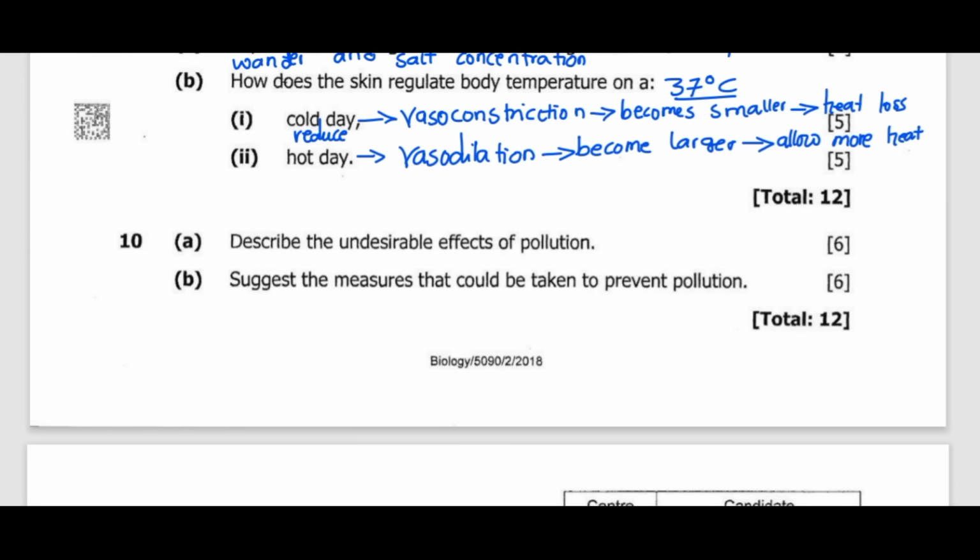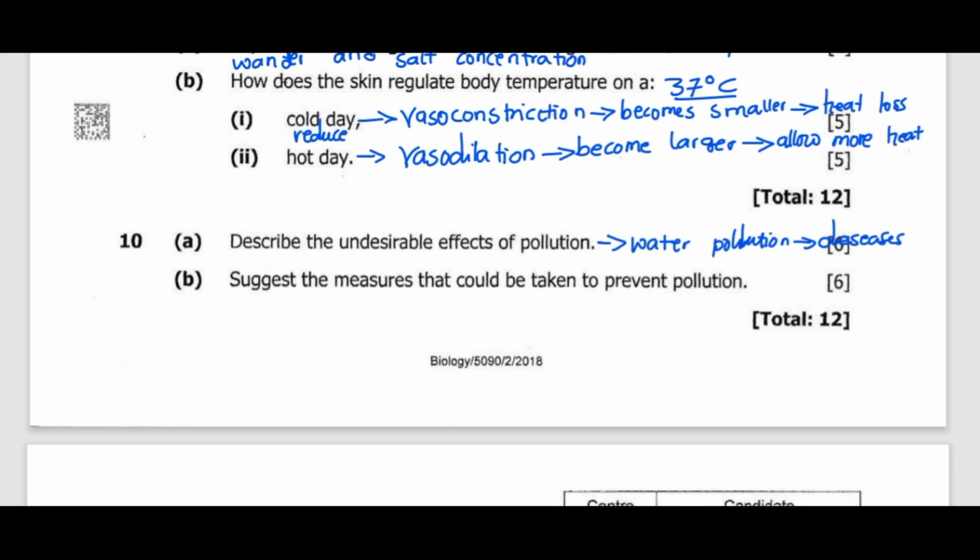So here, the first one is we may have water contamination or water pollution. So what is the effect of water pollution? We know that we may have diseases. So what diseases can be caused by this?